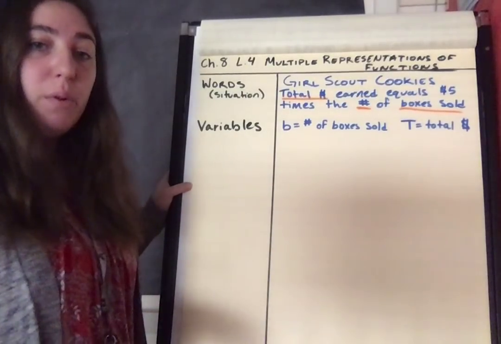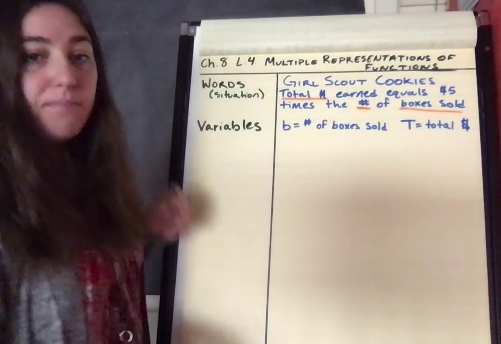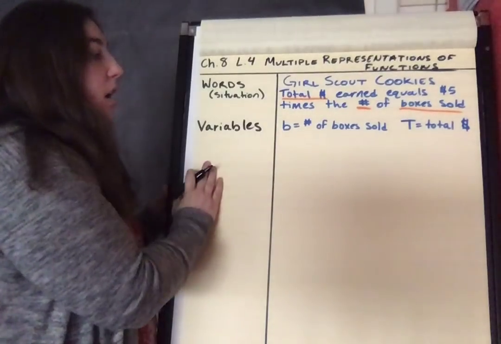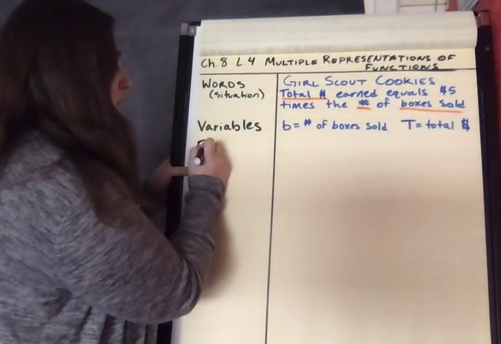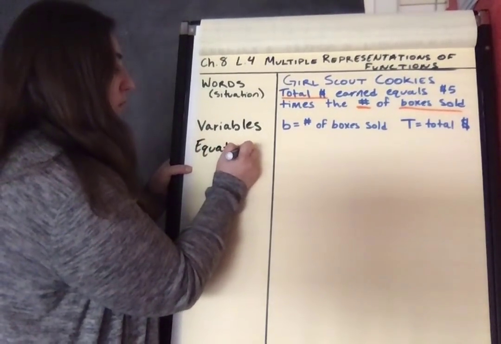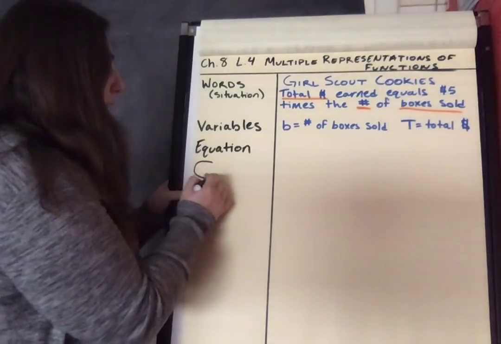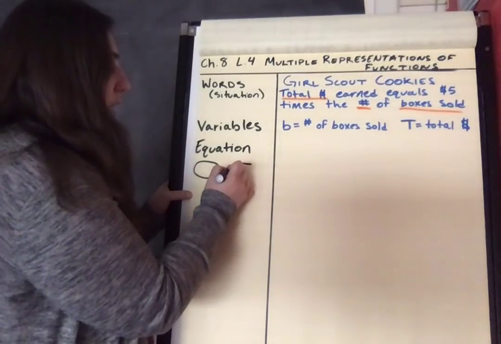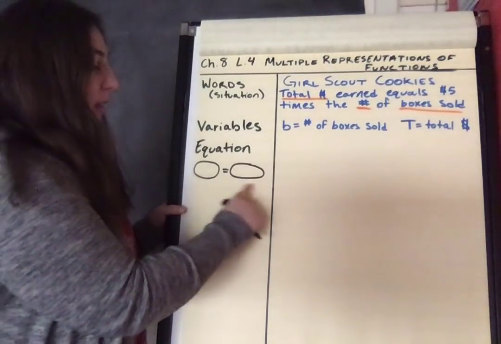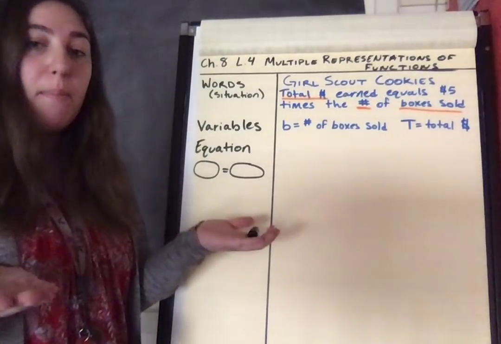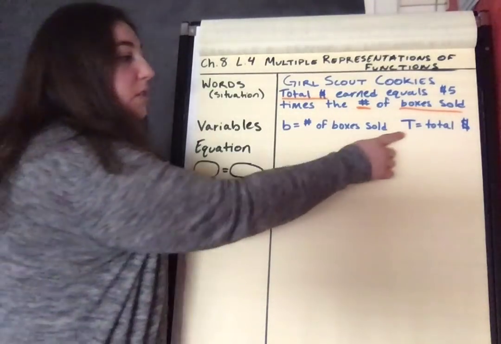Now that we have our variables picked out from the situation, let's write our equation. Given this word problem, one of our learning targets is that we are able to write an equation. In our equation, we're going to have something on this side equals something on this side, right? An equation has an equal sign, and it's saying that this side equals this side, and they are balanced, okay? So in our equation, we are going to have these variables.